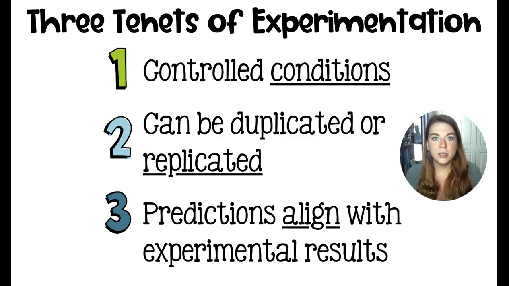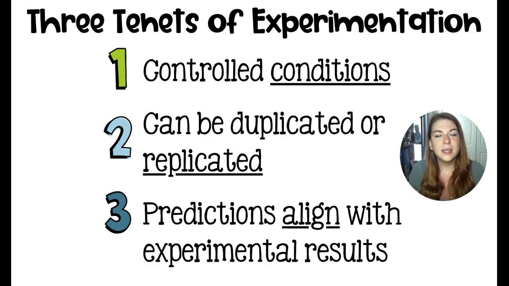Now the question is, how do we make a good experiment? There are a few things that go into a good quality experiment. First is that we're working under controlled conditions, meaning that we're not doing this in a weird place. We're not doing it at the top of a mountain where it's windy and we can't control how much wind is blowing or temperature changes.